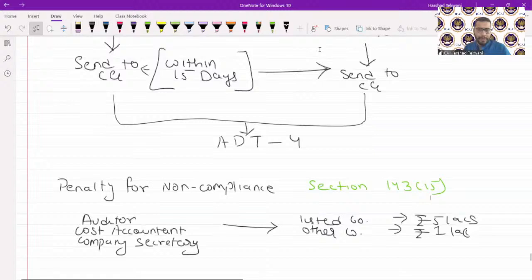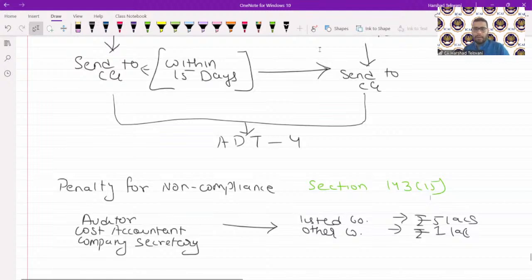So give me just a minute, I'll open it up. Just give me one second.